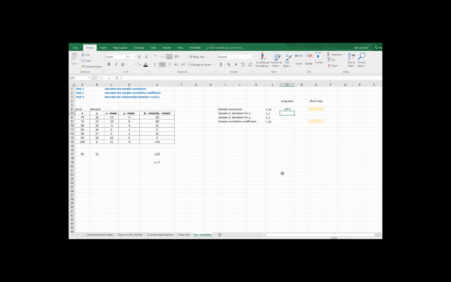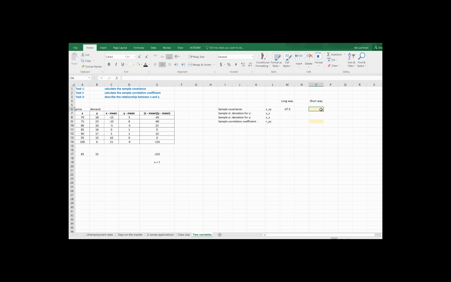So what does sample covariance give us? It tells us the direction of the relationship. It doesn't tell us the strength, but the direction means what? The negative represents that as X goes up, Y goes down. And that makes sense because as the price of a product, in this case a printer, goes up, the demand goes down. Now how would I do it the short way?